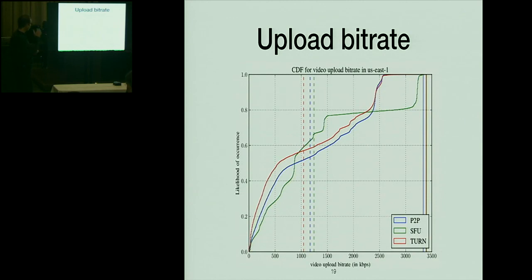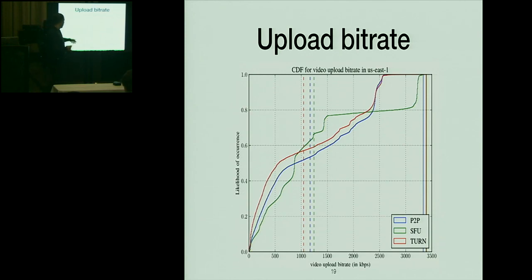Upload bitrate: this is the cumulative distribution of the upload bitrates achieved by the clients. We have three categories: direct connect calls, the blue cumulative distribution; SFU relayed calls, the green one; and TURN relayed calls, the red one.